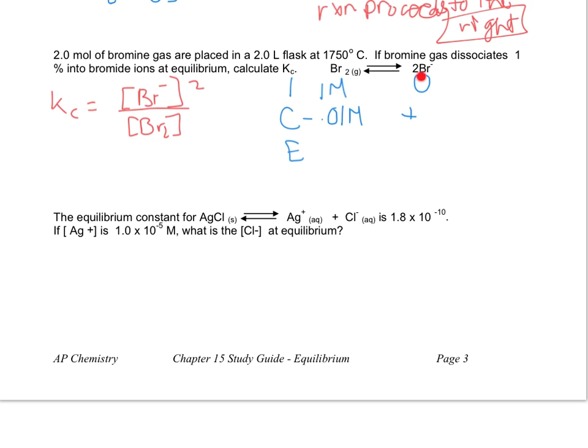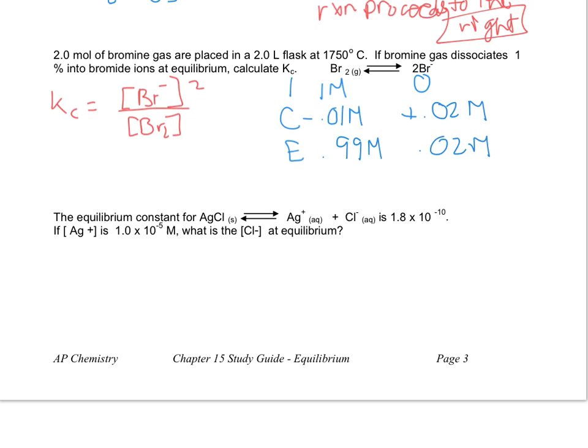And because it's a 2-to-1 ratio, the change would be double this one. So if the change for here is negative 0.01, it's going to be positive 0.02. So then this is 0.99 molar. You add them together, this is 0.02 molar.